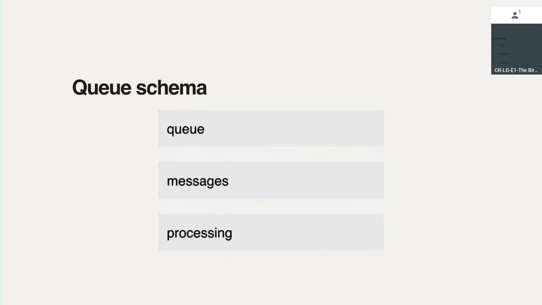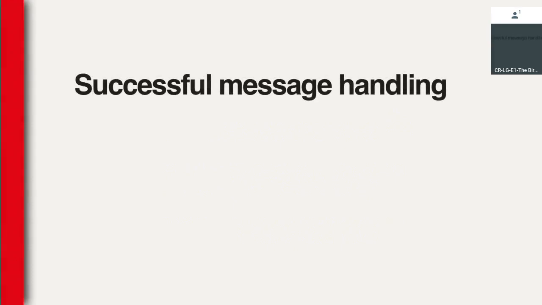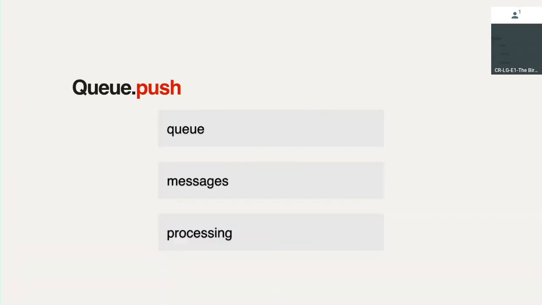So let's have a look at what successful message handling looks like. We have a push operation on the queue. This can be coming from the edge of Orca, where it receives an API request from the UI or from an API user, and it says, okay, go start this execution. Something will push that message onto the queue.